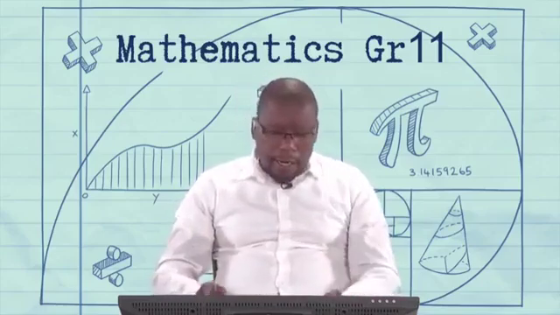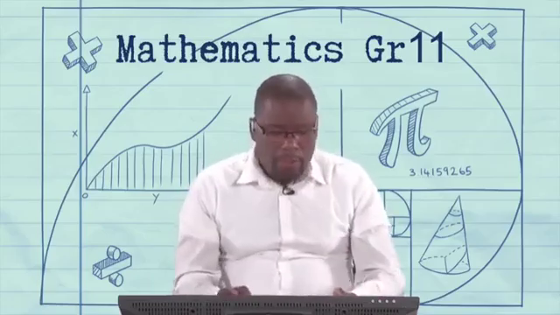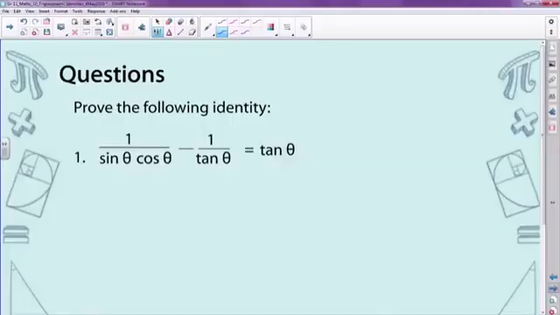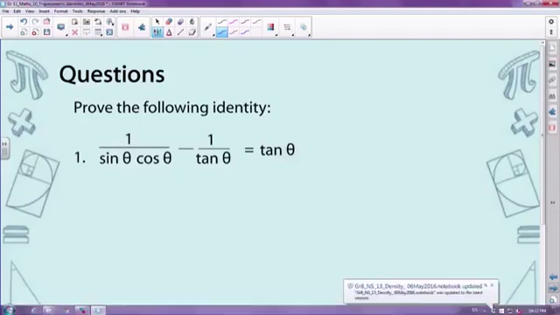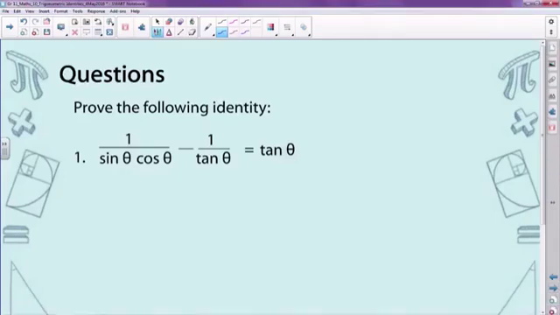All right. Now, we look at this problem that we're having now. You've got 1 over sine theta cos theta minus 1 over tan theta equals tan theta. They're asking us to prove this identity, and it's very easy to see that the complicated side is the left-hand side. So now you are telling the marker, I am taking the left-hand side.